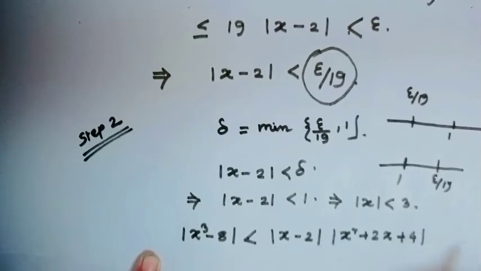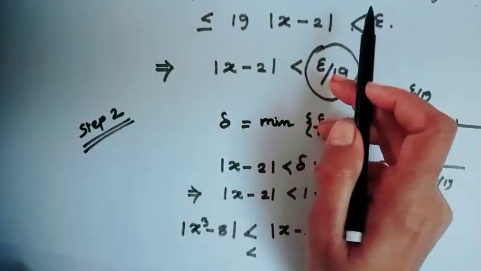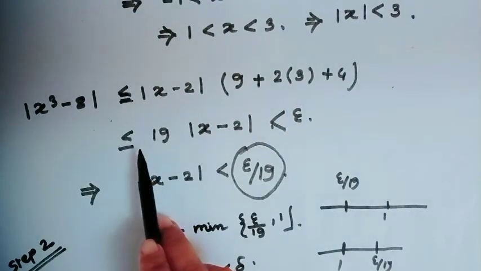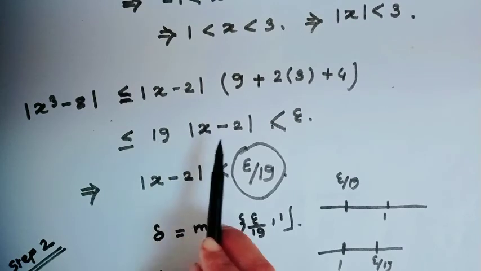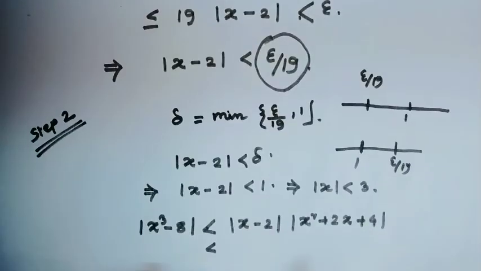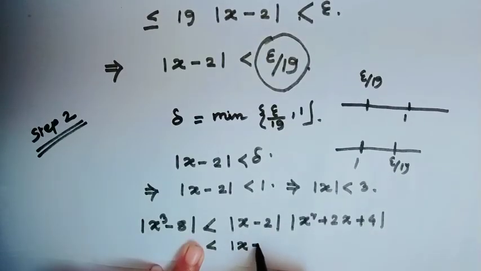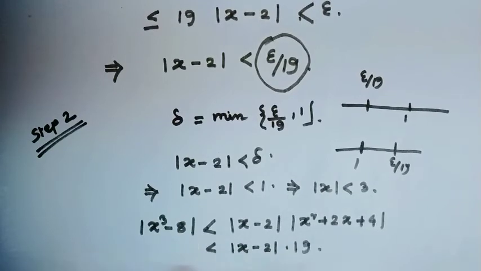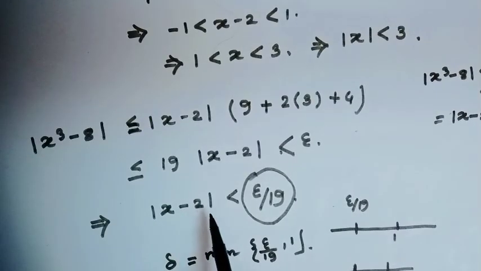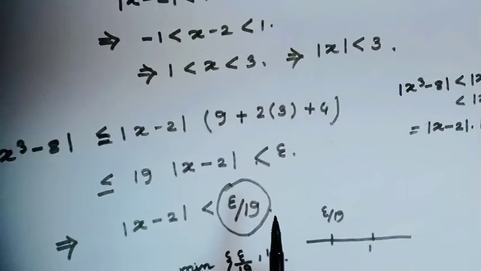Since the absolute value of x is strictly less than 3, which I calculated here by putting in this point, I get 19 times the absolute value of x minus 2. That means this will be the absolute value of x minus 2 times 19. And remember, the absolute value of x minus 2 is strictly less than epsilon over 19.